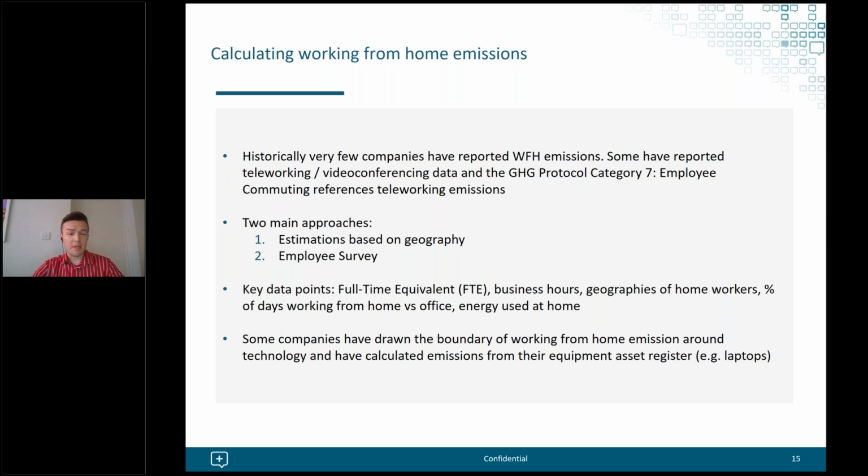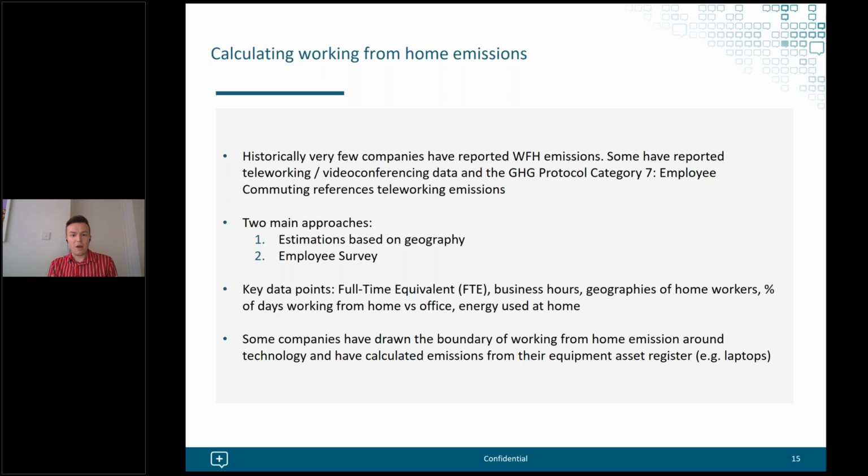So some of the key data points in the survey would be the number of employees, business hours, geographies of workers, energy used at home. And then some companies have also drawn the boundary of working from home emissions around the technology that's being used. I'm conducting today's webinar from a Greenstone laptop at my house.